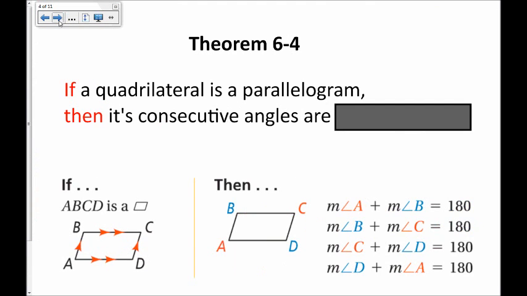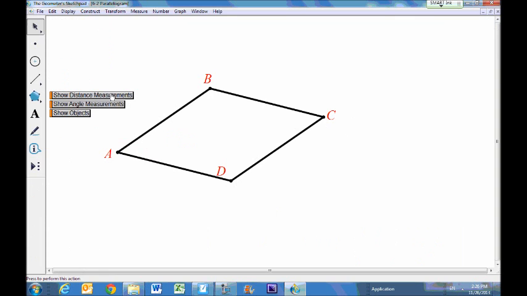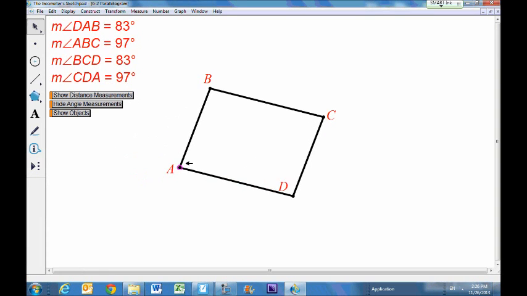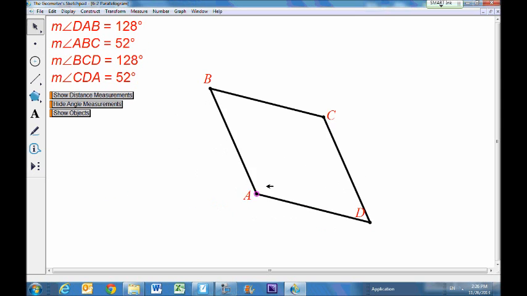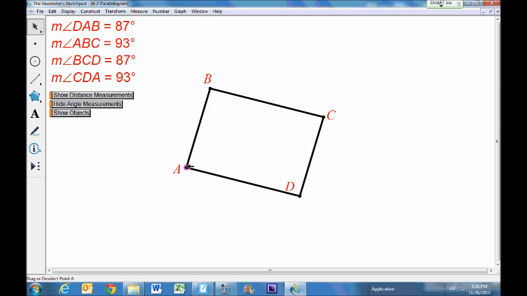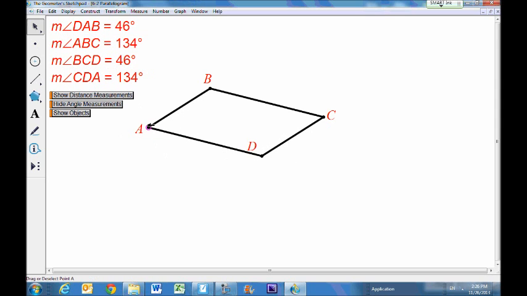The next idea is about the angles. Let's go back and look at the angles. So here are the angles. If I measure the angles, you may notice a couple of things. First, and most obvious, these are the same, and that's A and C, so the opposite ones are always congruent.